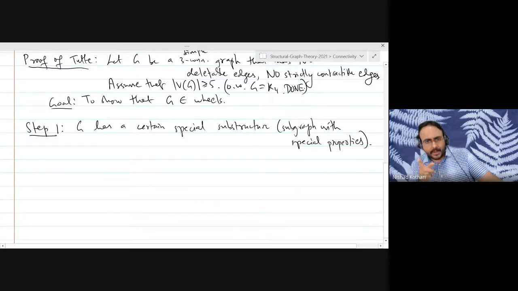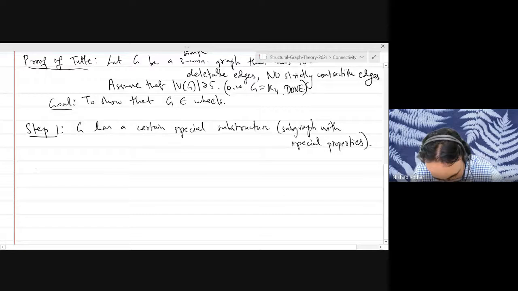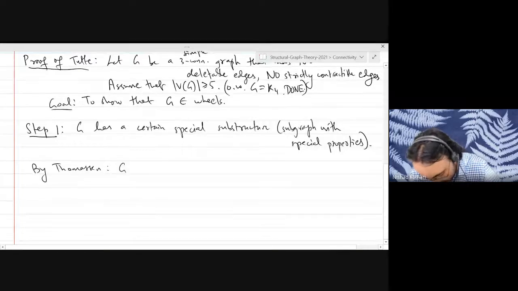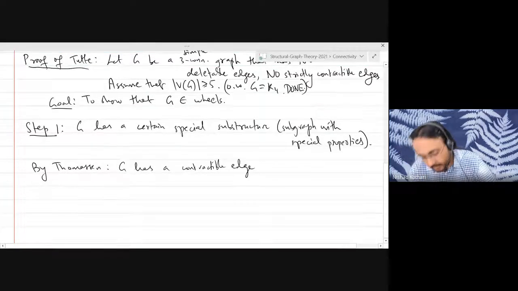So if it has at least 5 vertices, then by Thomason's theorem, G has a contractible edge. I'm going to call this edge E0.